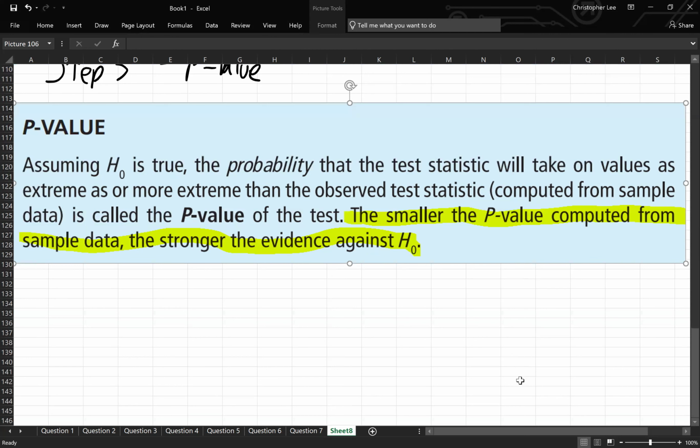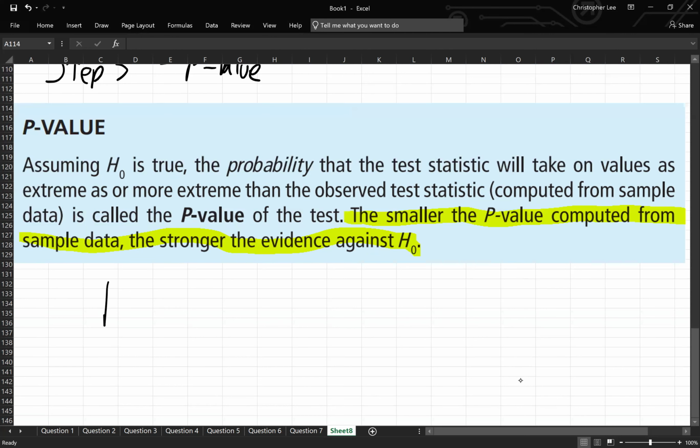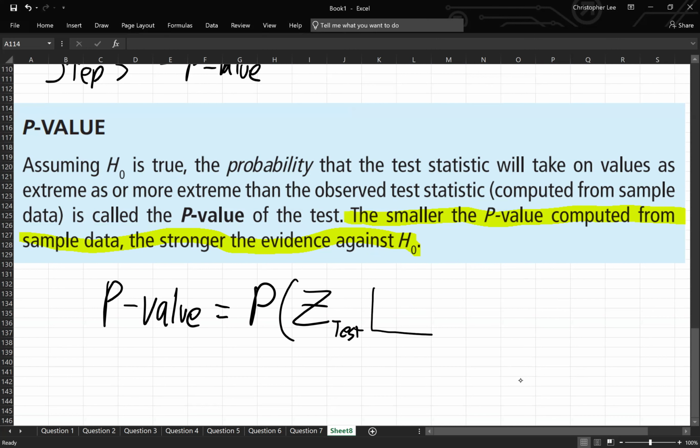your p-value, I'm going to write it out right here. Your p-value is equal to the probability of your z-test, right? And then I'm just going to put a box right here. In this box, it can either be greater than or less than.